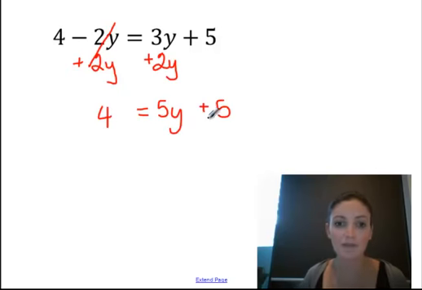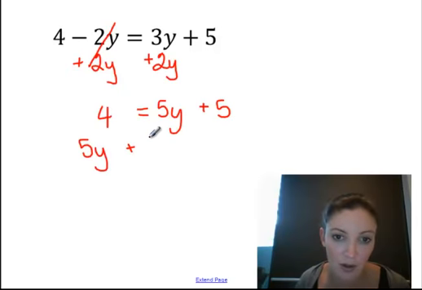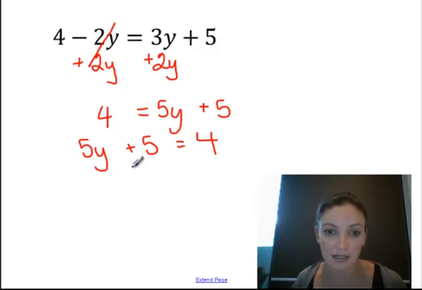Okay, and again, I'm going to swap around the equation so that I've got my unknown on the left-hand side. It's just a bit easier sometimes to look at. Now I've got 5y + 5 = 4, so I can subtract 5 from both sides. So that's just 0, so that leaves me with 5y = 4 - 5.